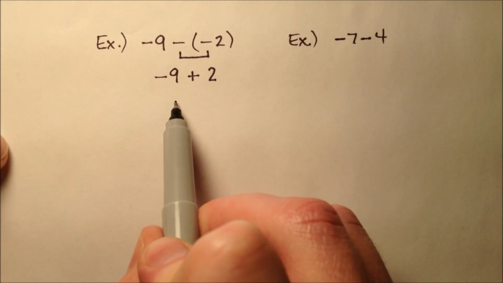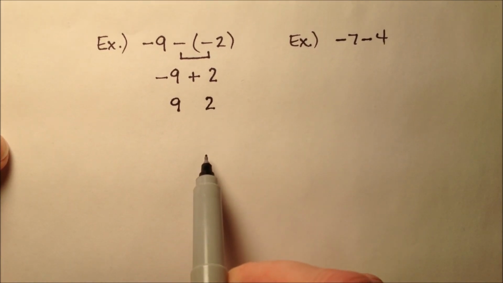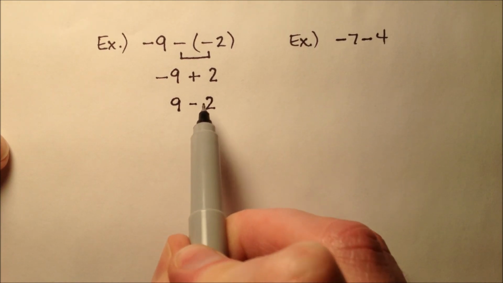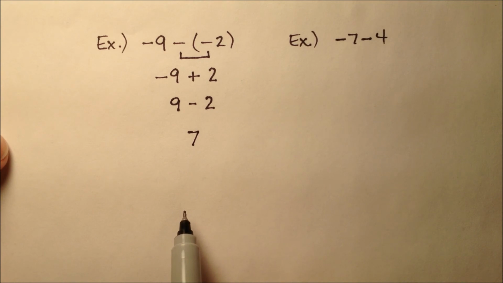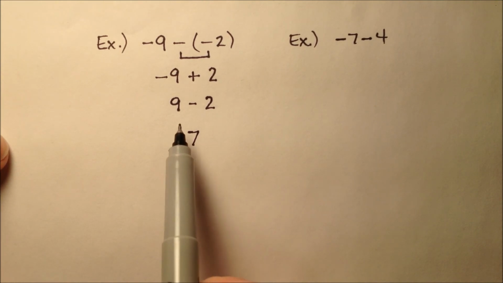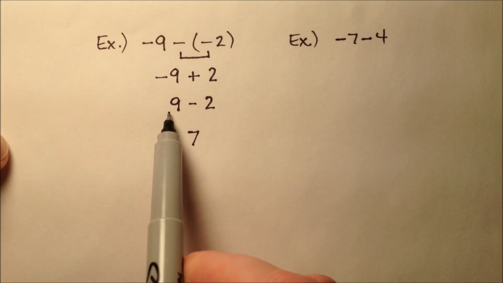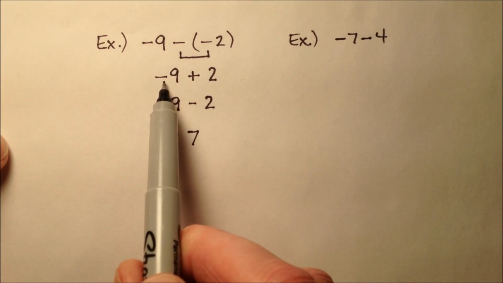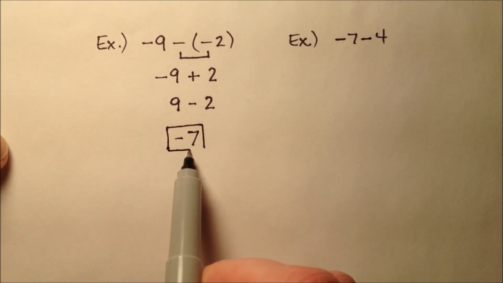The absolute value of negative 9 is 9, and the absolute value of 2 is 2. I'm going to subtract those, and I'm going to get 7. Now I need to keep the sign of the larger one. 9 is larger than 2, so I'm going to keep the sign that came with 9. And 9's sign was negative, so my final answer is going to be negative.